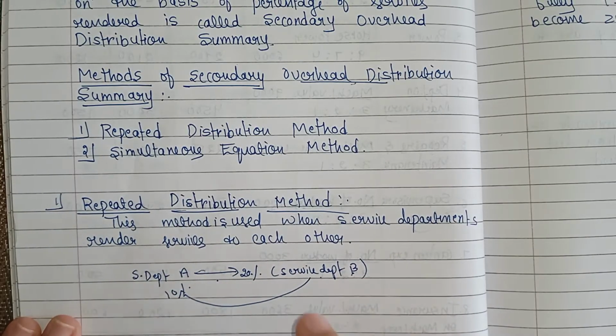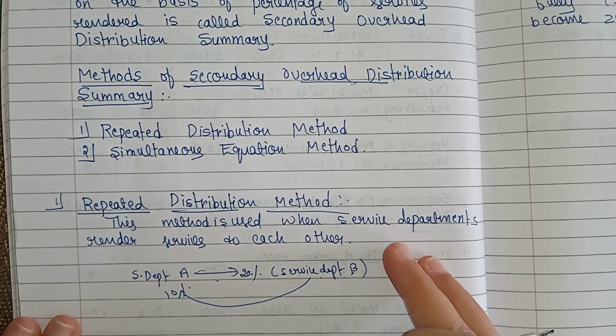So here we use the repeated distribution method to fairly and fully distribute their overheads to the production departments.